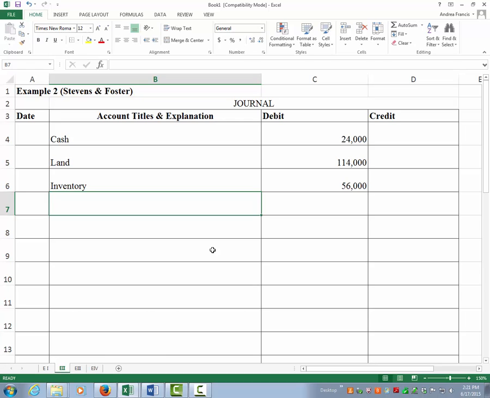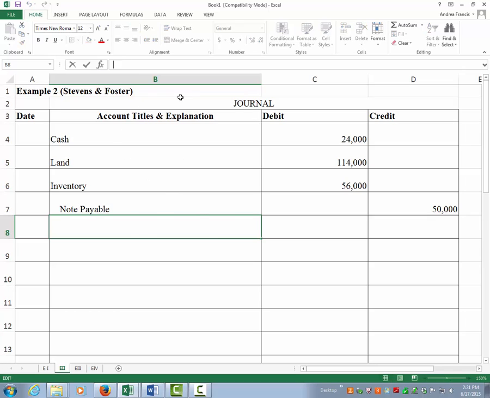Now we also have to consider the fact that Stevens brings in a note payable liability. So a liability increases on the credit side, and since we want to record this liability on behalf of the partnership, we are going to credit note payable. This then means that the partnership now has this liability on its books.